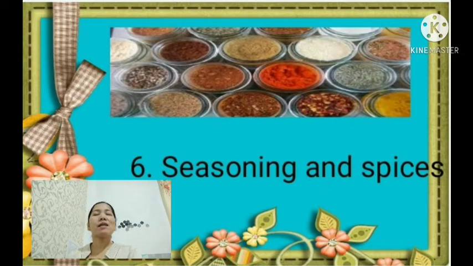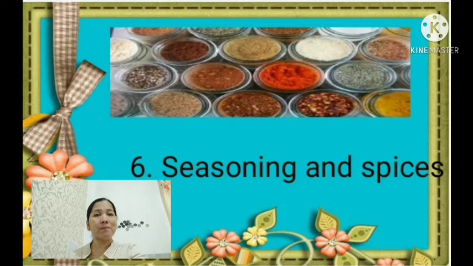Okay. Isa-isahin natin o balikan ninyo kung ano-ano yung ingredients sa paggawa ng stocks. The first one is bones. Yes, tama. Ano ang ginagawa ng bones? Ito yung nagbibigay ng lasa. And then, kung anong uri ng buto ang ginamit, iyon ang magdidetermine ng classification ng stocks.